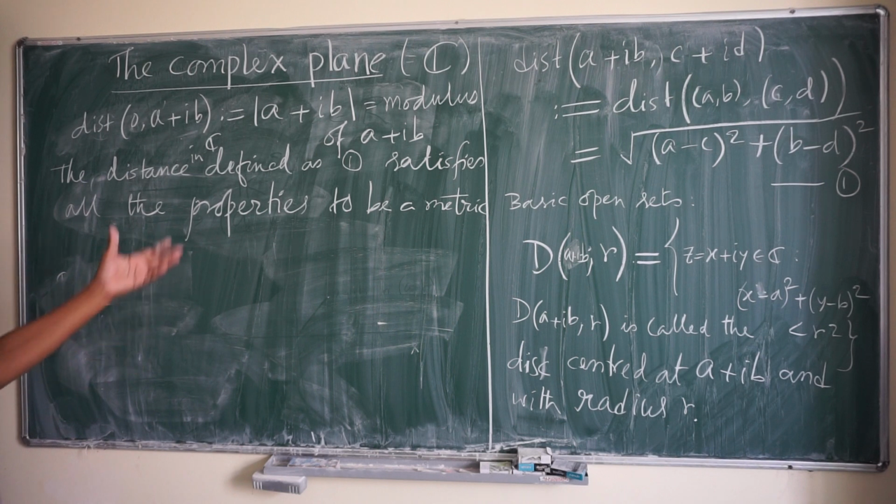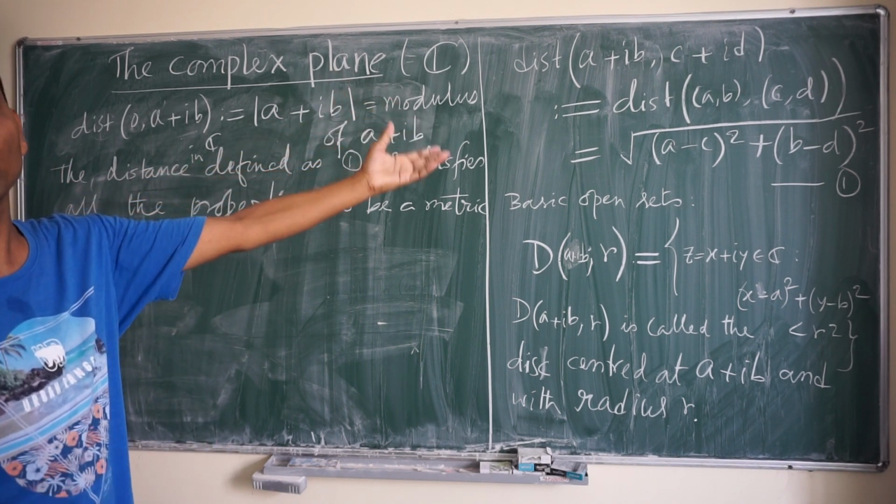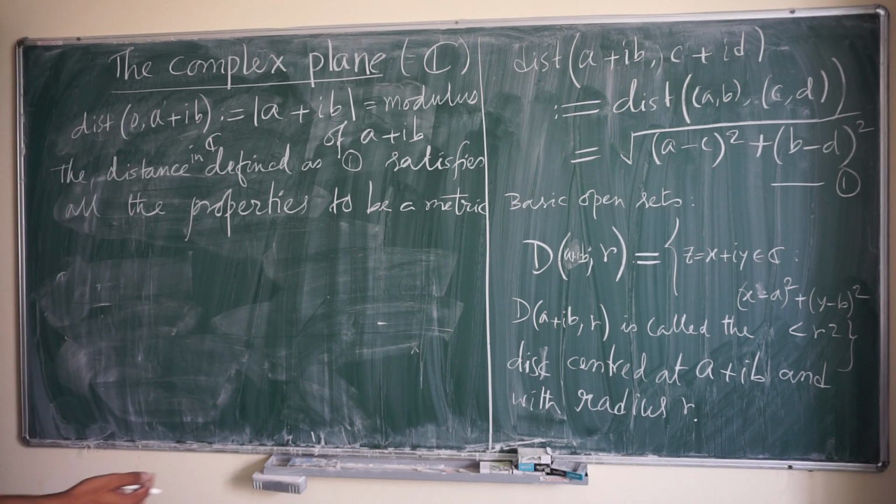So C becomes a metric space with respect to this distance, which is the standard distance in R2. Well, then we define open sets.